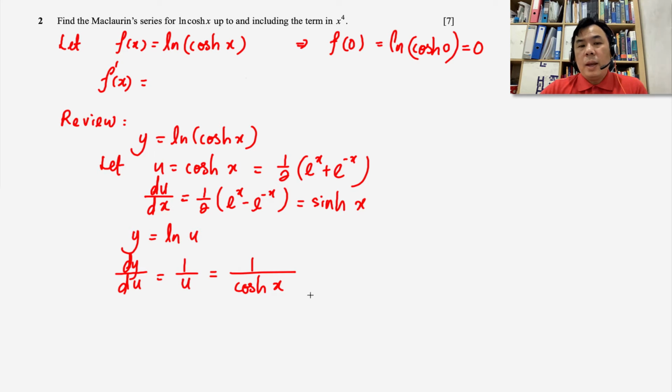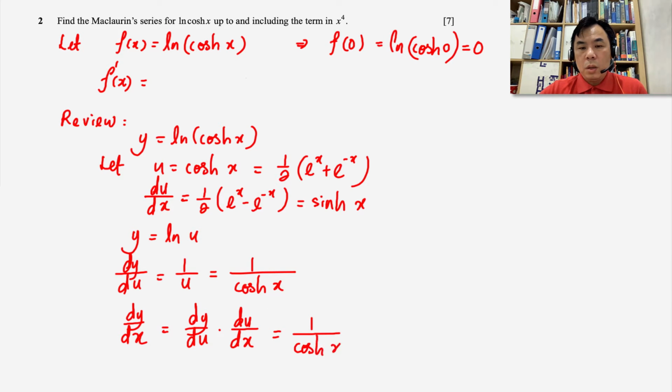And then from here, we are going to apply the chain rule. This is where our dy/dx comes in because we are interested to obtain dy/dx. dy/dx is dy/du times du/dx. And then from there, you have 1 over cosh x times du/dx.